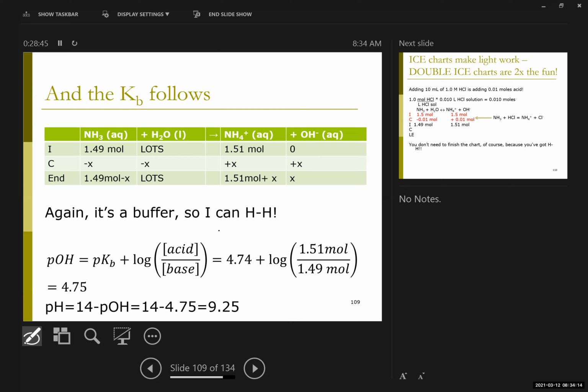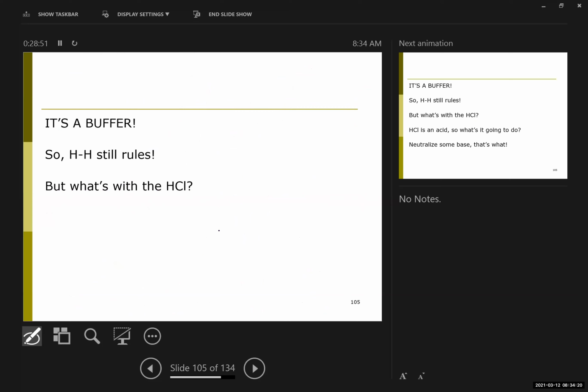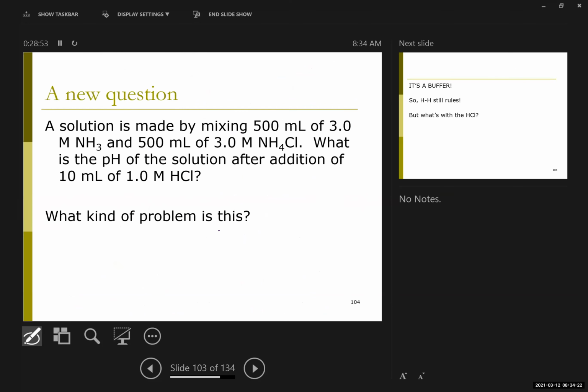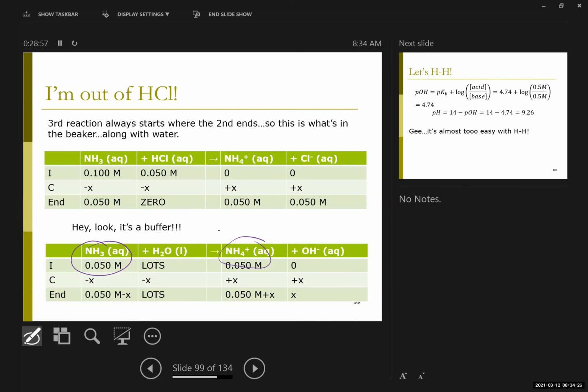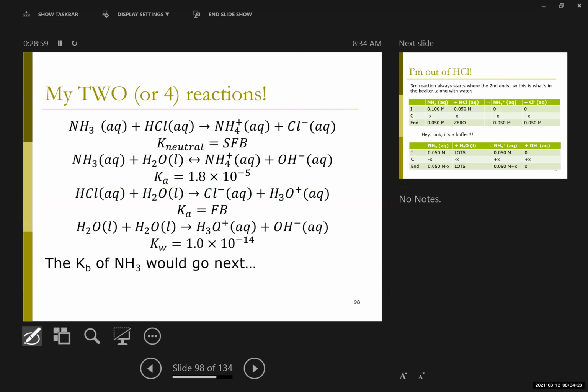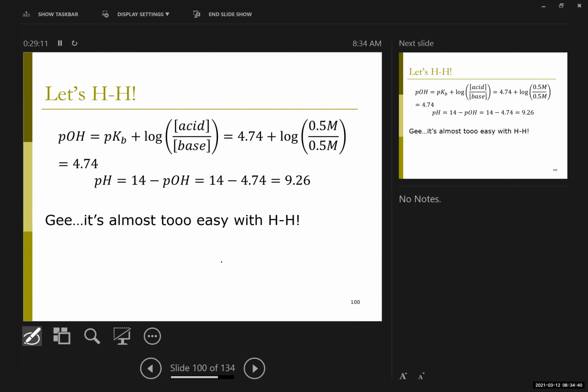I was going to make this point later, but we could also make it now since it's closer to go back. If you look at that original buffer, where I had equal amounts of ammonia and ammonium, the pH of the buffer was 9.26.